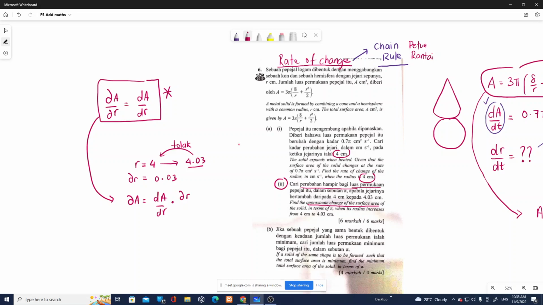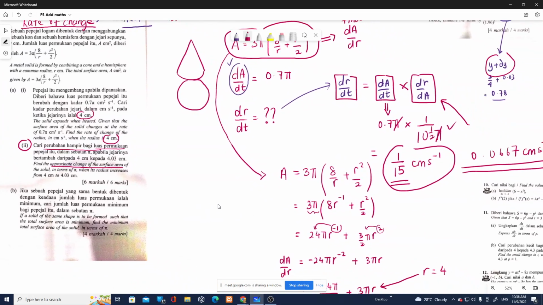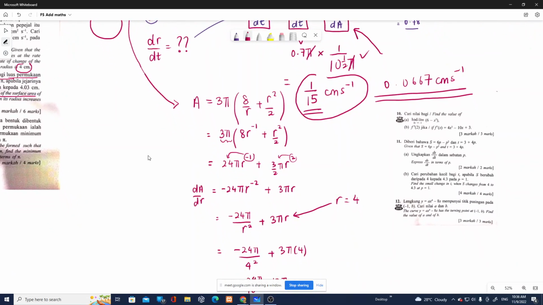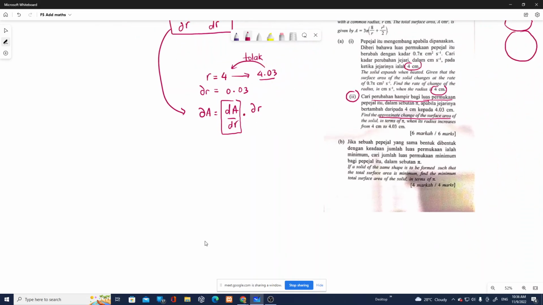I understand. So what is dA per dr? What is dA per dr? We have found from the first part. I think it's 10 1 over 2 pi. Mana tadi? dA per dr ya. Kat bawah. Okay. 10 1 over 2 pi. Correct, Faiz. So, kita ganti saja. 10 1 over 2 pi times with delta R 0.03 ataupun 3 over 100.